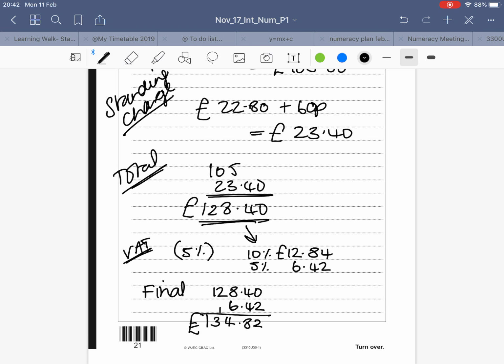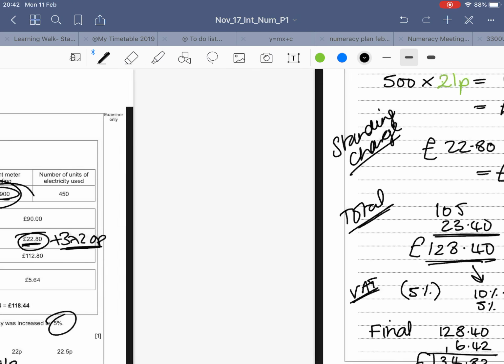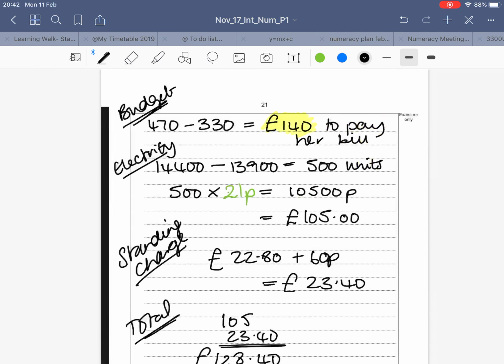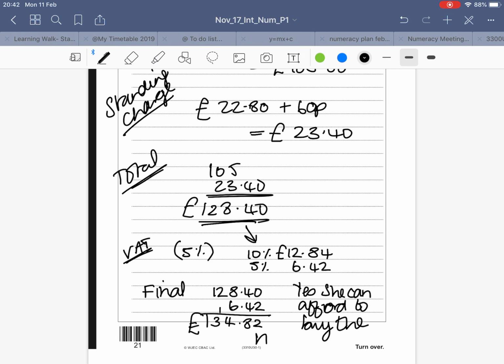So we need to say she can afford to buy a new washing machine. Yes, she can afford to buy the new washing machine, because she's actually going to have £5.18 left over when she's paid the bill and for the washing machine.